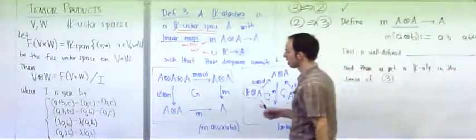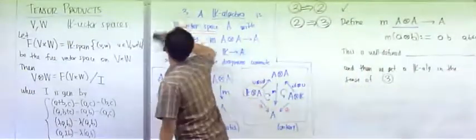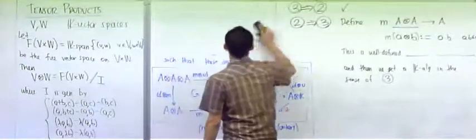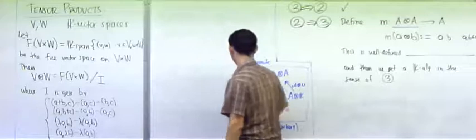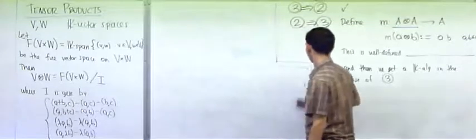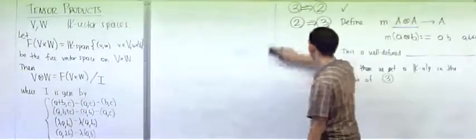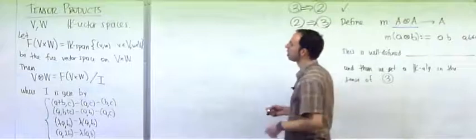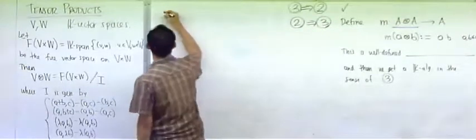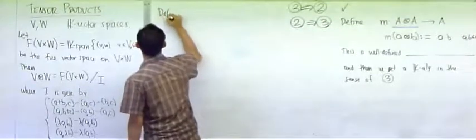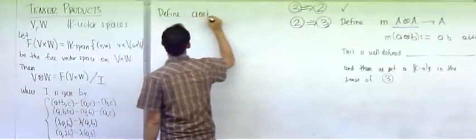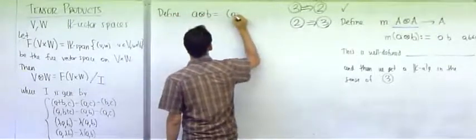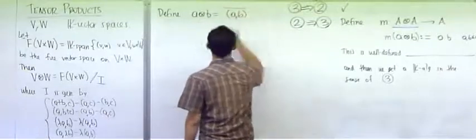But I think, when I did this the other day, I said something that I didn't write, and I want to write it today. So it is that we define A tensor B, the pure tensor, to be the class of (A, B) here.